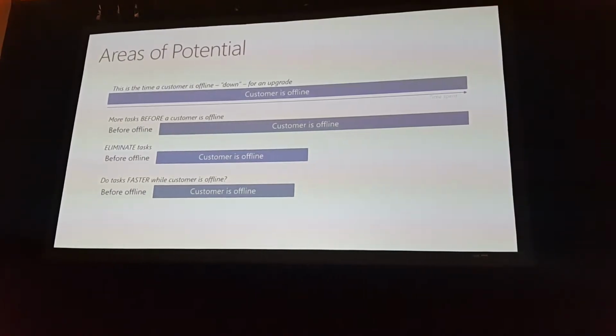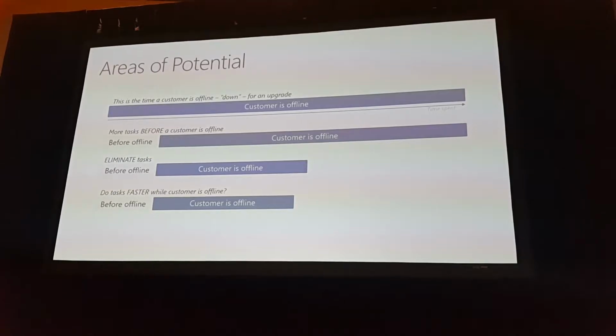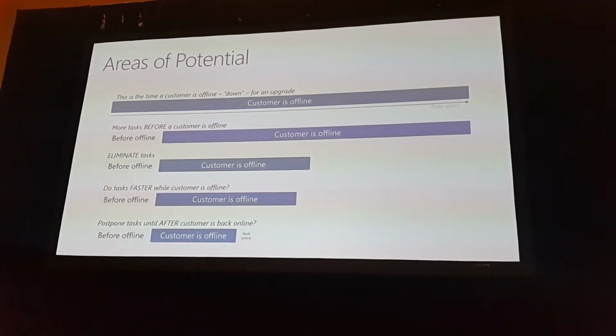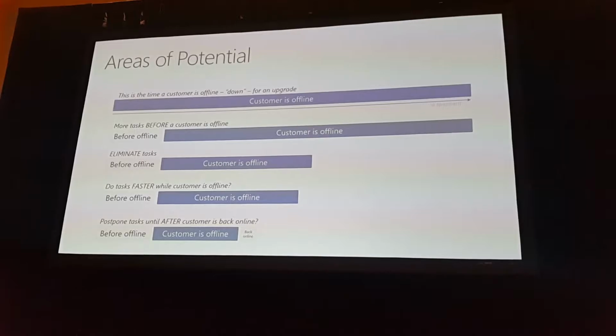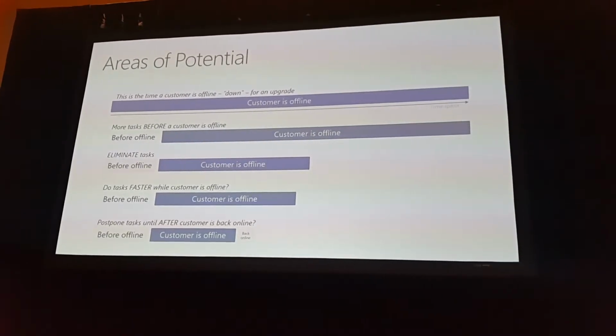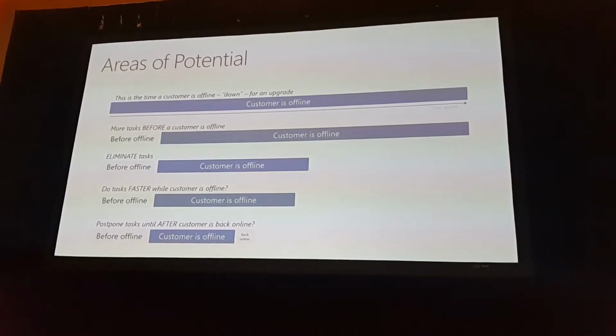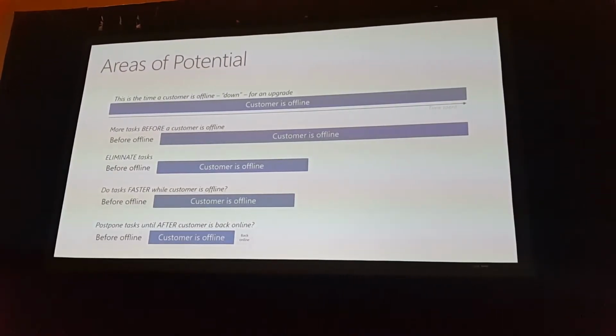Could we do them faster or differently to end up having less offline time? And that was also possible. And then obviously other things that we could do after and sort of drip in after we've taken the customer back online. And yes, there were things we could do there too. And you'll see what that means.